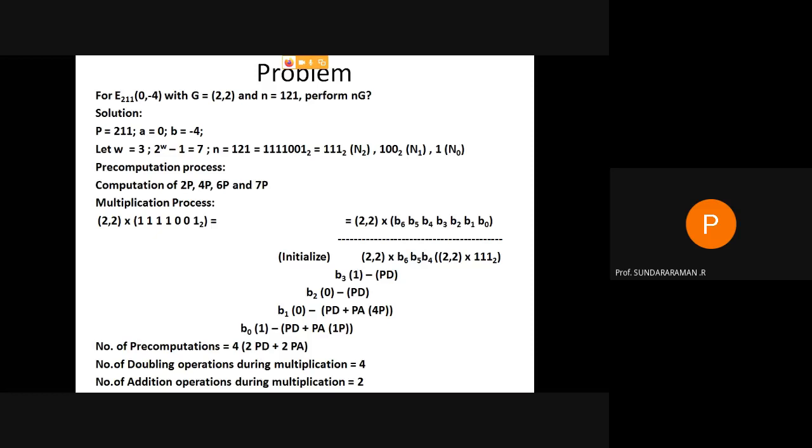Now, all the 7 bits have to be grouped based on the window size chosen. The chosen window size is 3. So I first choose the w array elements from the scalar. The first 3 bits I have to choose, next 3 bits I have to choose, next 3 bits I have to choose.